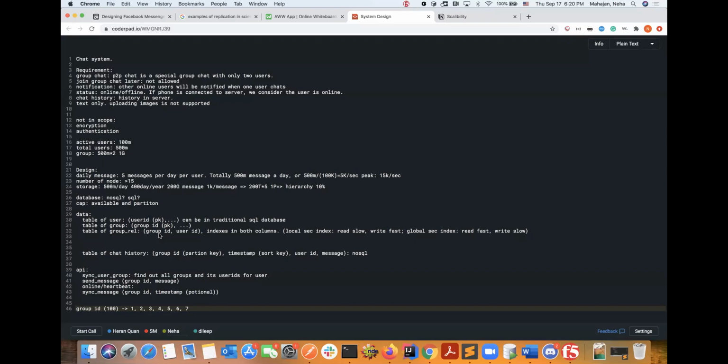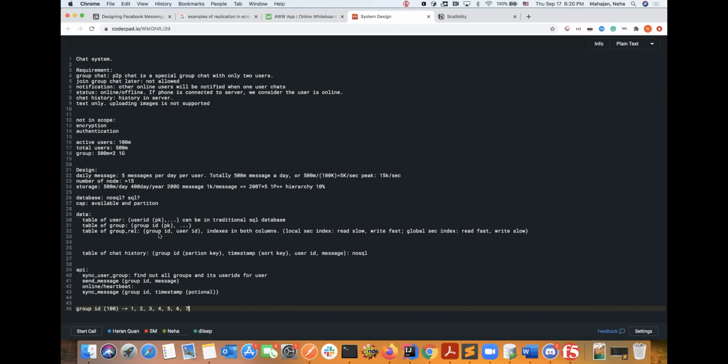But why do you need to create a column for each message? Isn't it a very bad design, creating a new column every time a message comes? No, this is not for that. What she was explaining was the group relation.